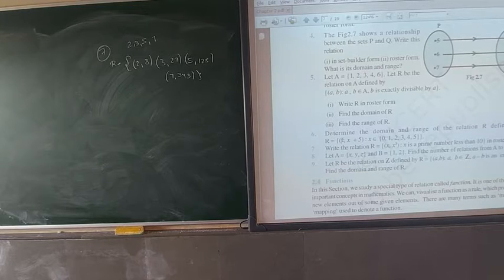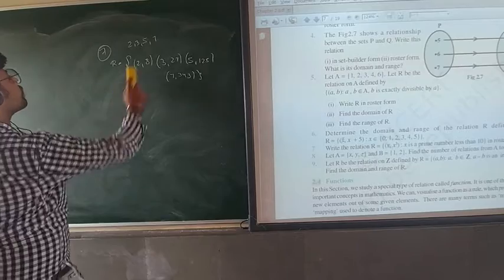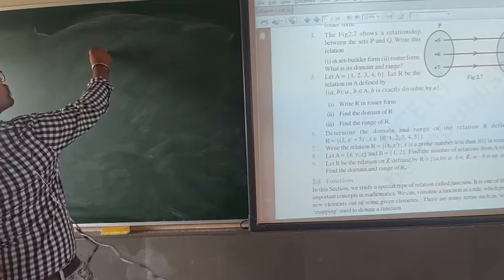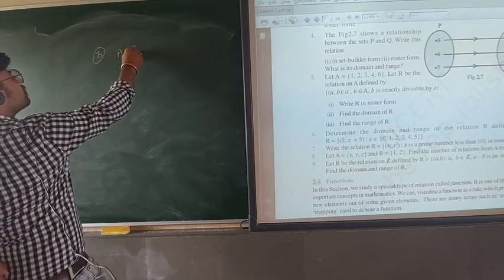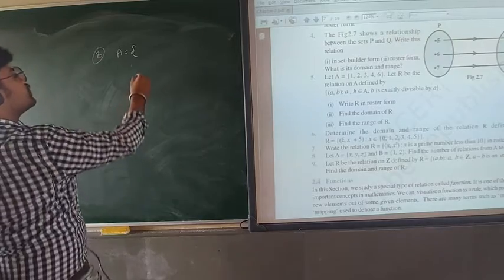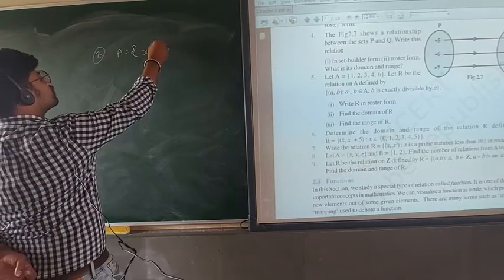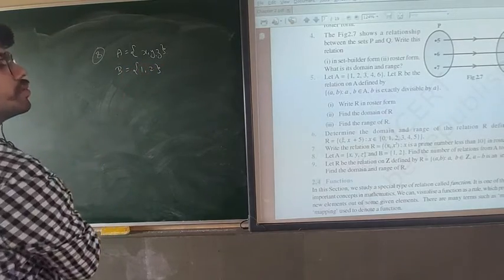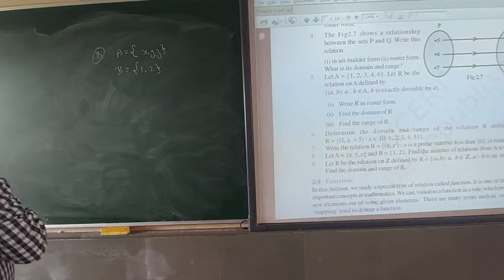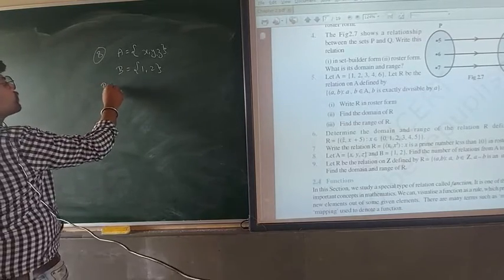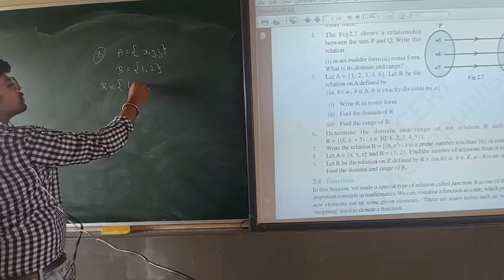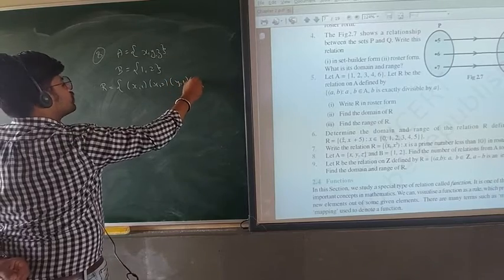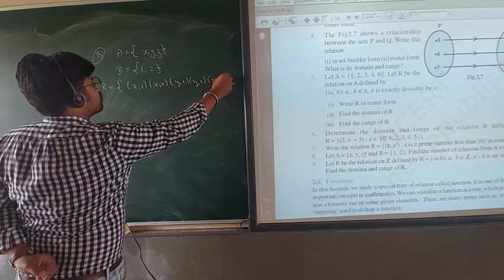Find the number of relations from A to B. Where A is the set {x, y, z} and B is the set {1, 2}. Pairs like (x, 1), (x, 2), (y, 1), (y, 2), (z, 1), (z, 2).